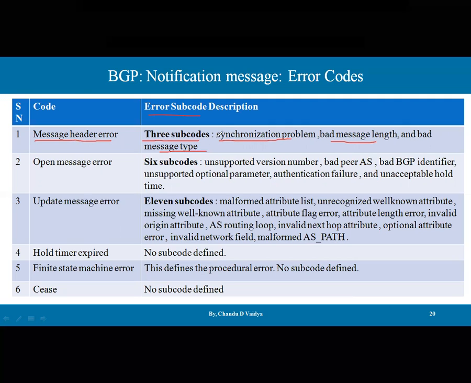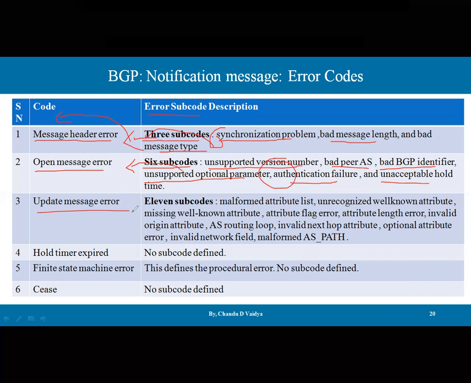By these reasons the message header error can occur, and this is going to be intimated to the others. Then open message error comprises 6 subcodes, like unsupported version number, bad peer autonomous system, bad BGP identifier, unsupported optional parameters, authentication failure, and unacceptable hold time. Because of these reasons, the open message error can be sent to the other peer routers.